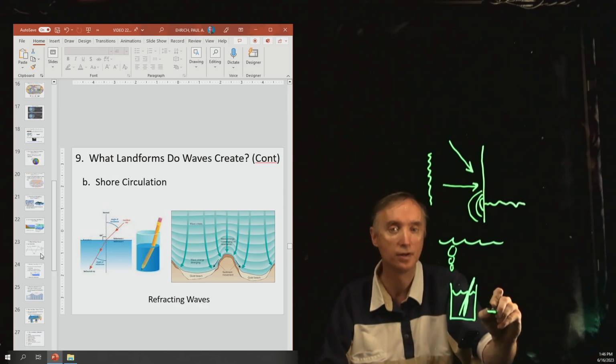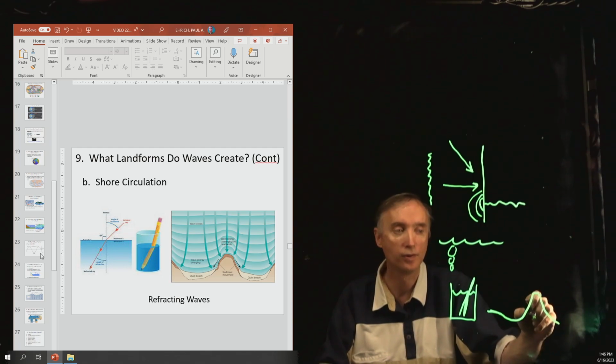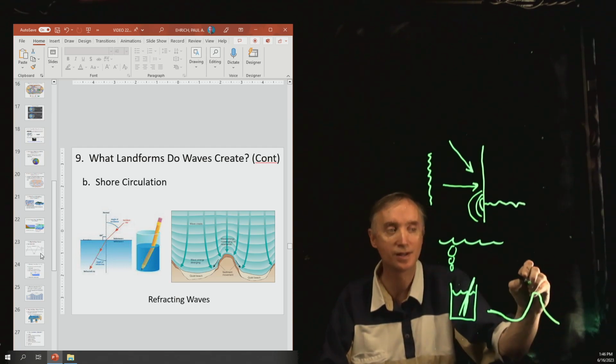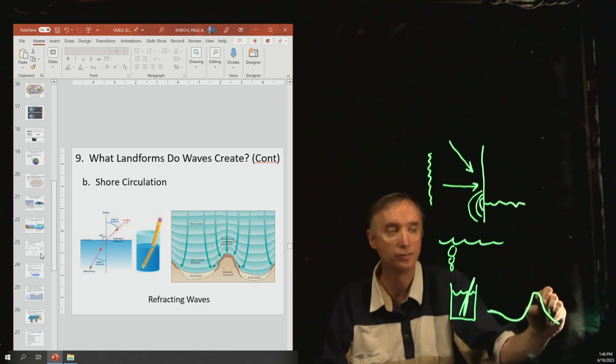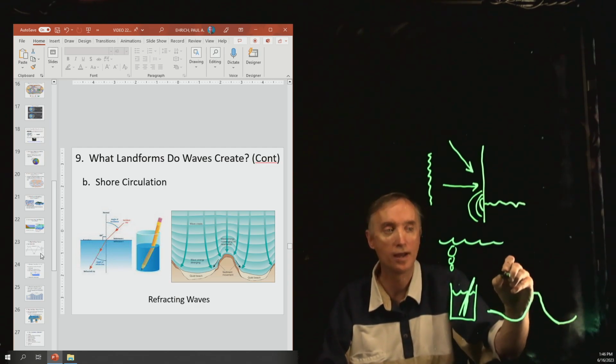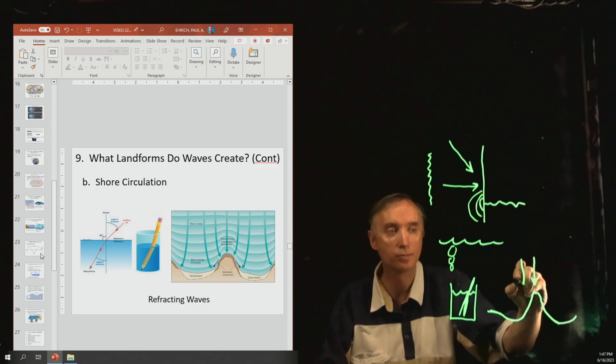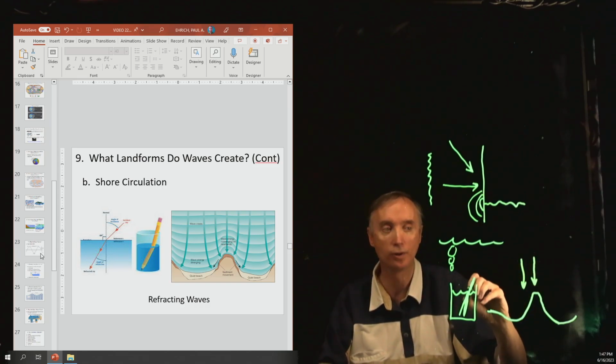So here is a shoreline, and you can see right here is a place where the shoreline sticks out into the ocean, and then over here it's not so much. Well, as the waves are approaching, so here's a wave that's approaching over here, it's getting shallower.